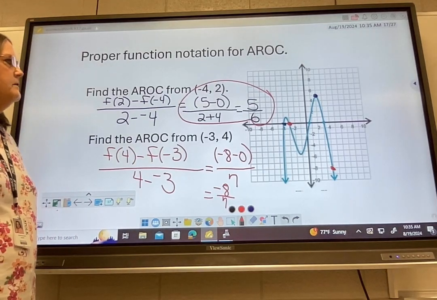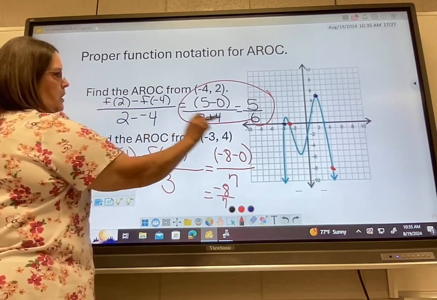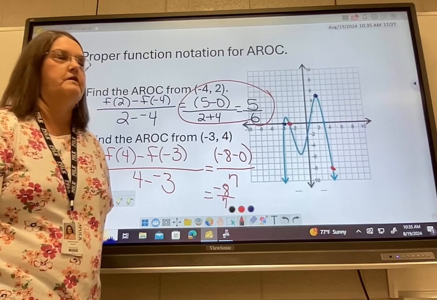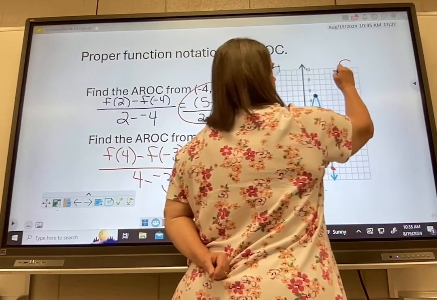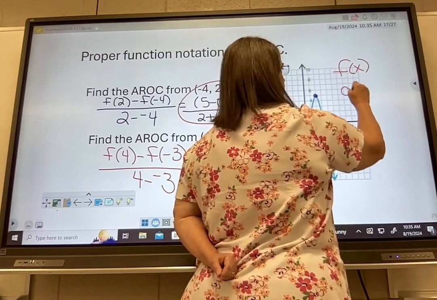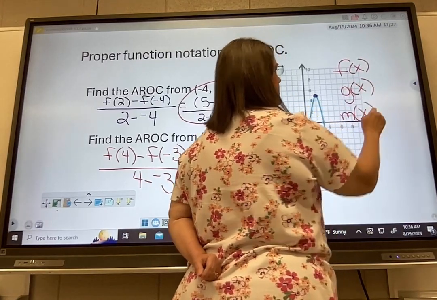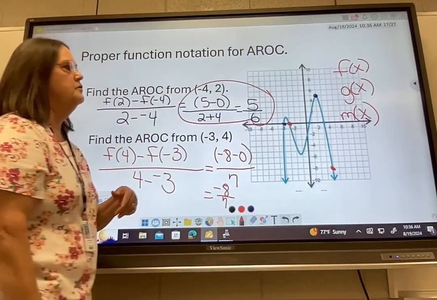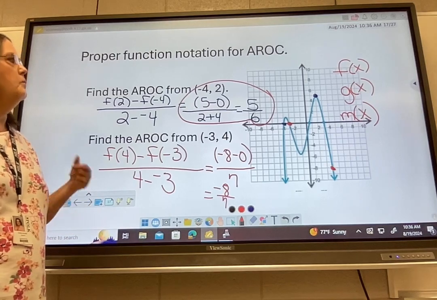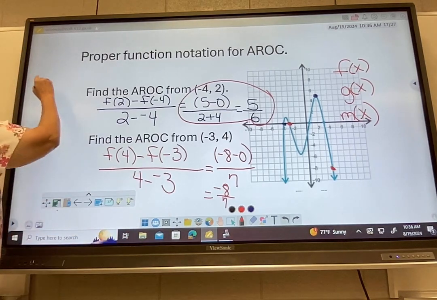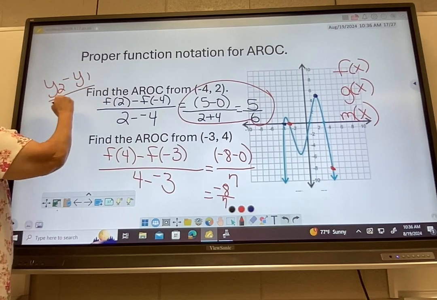Proper mathematics notation is to say the function f, or whatever your graph is called. If your function is f of x, you use f. If your function is g of x, you use g. If your function is m of x, you use m. So whatever your function is labeled, that's what you would use. So we're going to do y2 minus y1 over x2 minus x1.